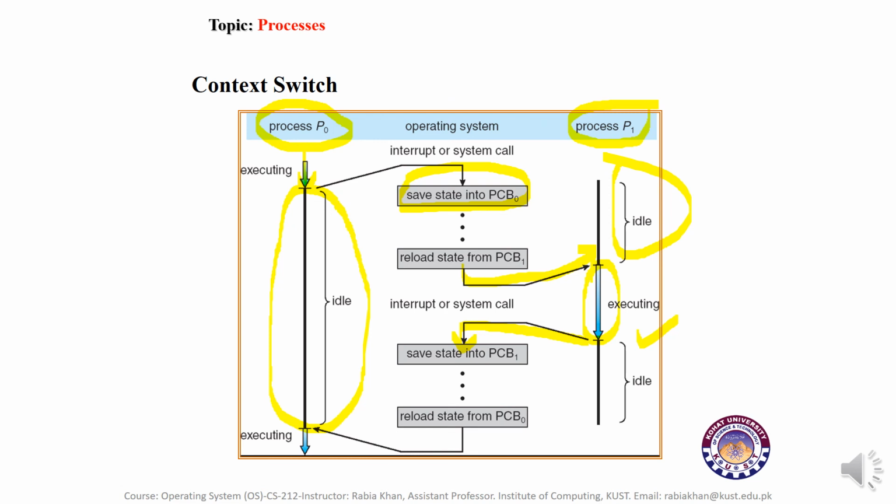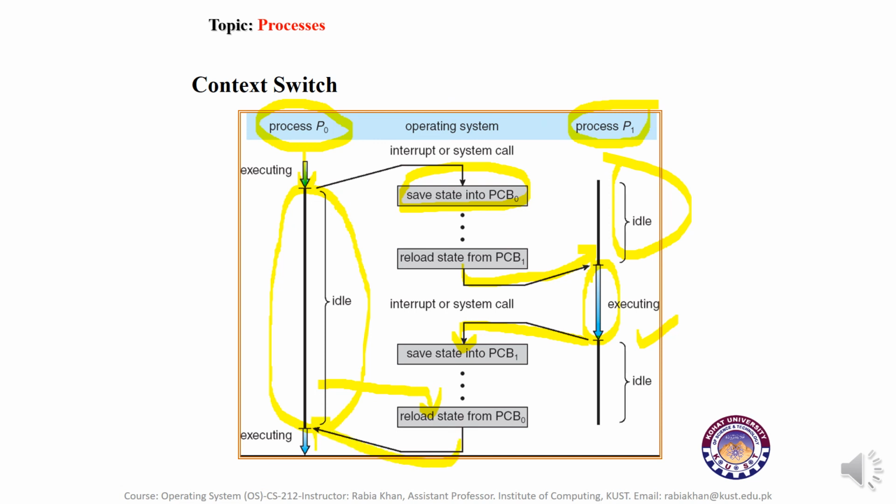All other related information is first stored back, or the PCB is updated, and the state information of the previous process P0 is then reloaded, from where this process should start execution. So all the information is reloaded and the CPU is then assigned to the first process.